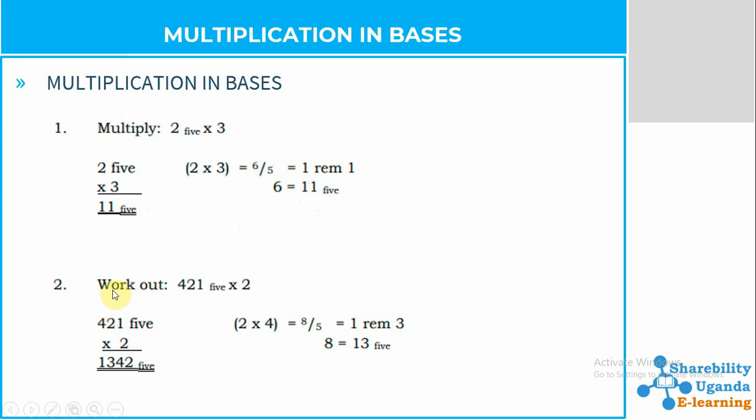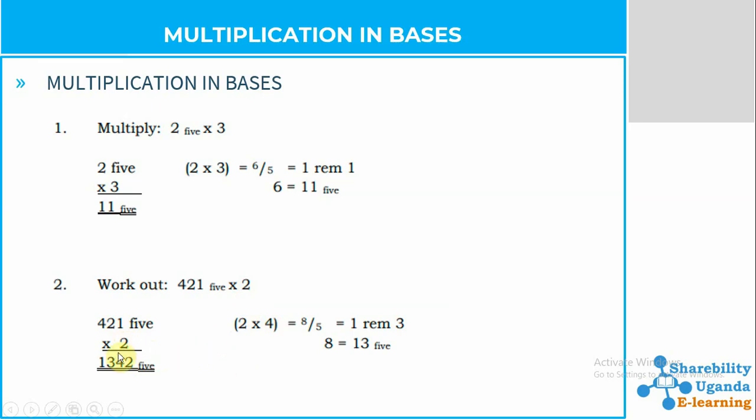Another one, part 2, is work out 4 2 1 base 5 times 2. This is how the operation is always done. 2 times 1, we get 2. 2 times 2, we get 4. Then 2 times 4, we get 8.